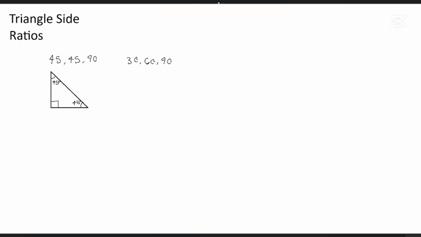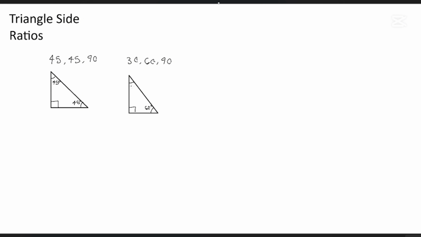A 30, 60, 90 is a bit different, and you might have remembered these. I definitely drew these in the previous video. It just wasn't a 30, 60, 90. I used different angles. But this is what a 30, 60, 90 triangle looks like. So this looks about like 60 degrees.